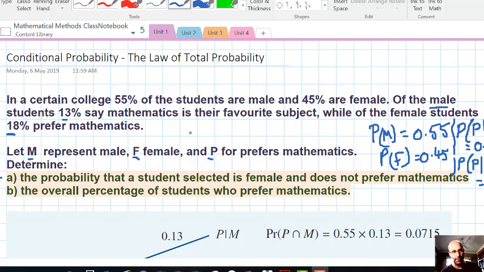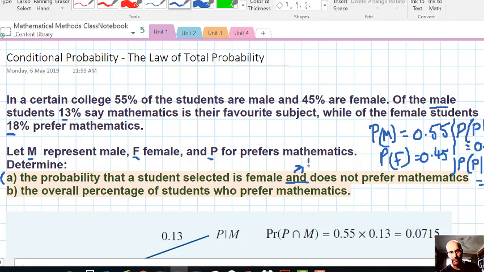Now we're going to bite off part A first. And for part A, the probability that a student selected is female and does not prefer maths, we need to turn that into symbologies too, so we know what we're chasing. So we've got probability the student is female and. So we've got this and thing here, which lends itself to the intersection.